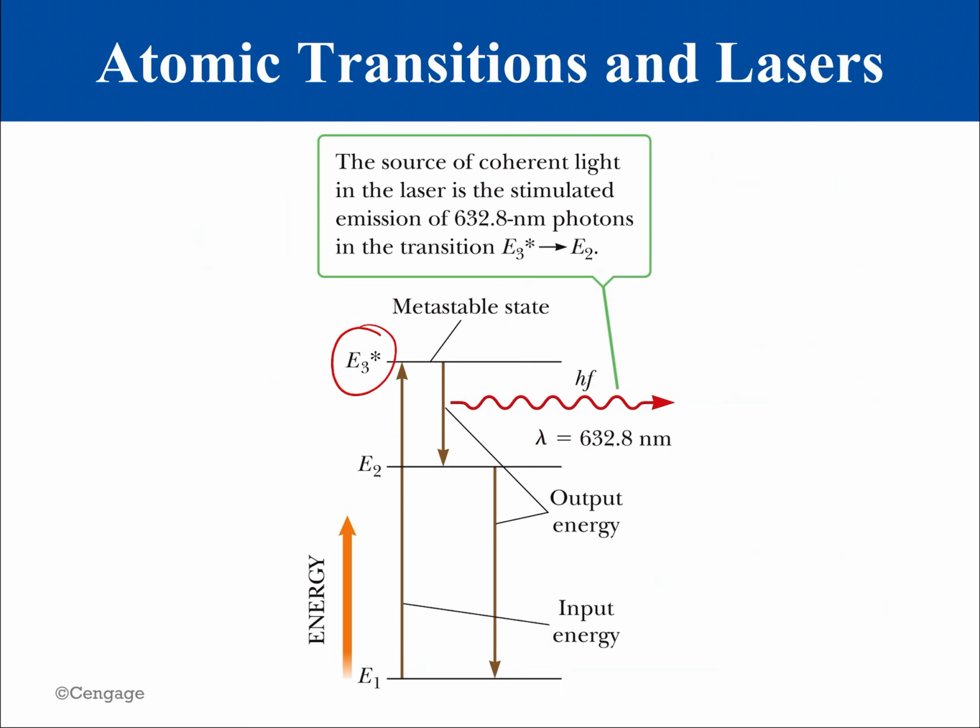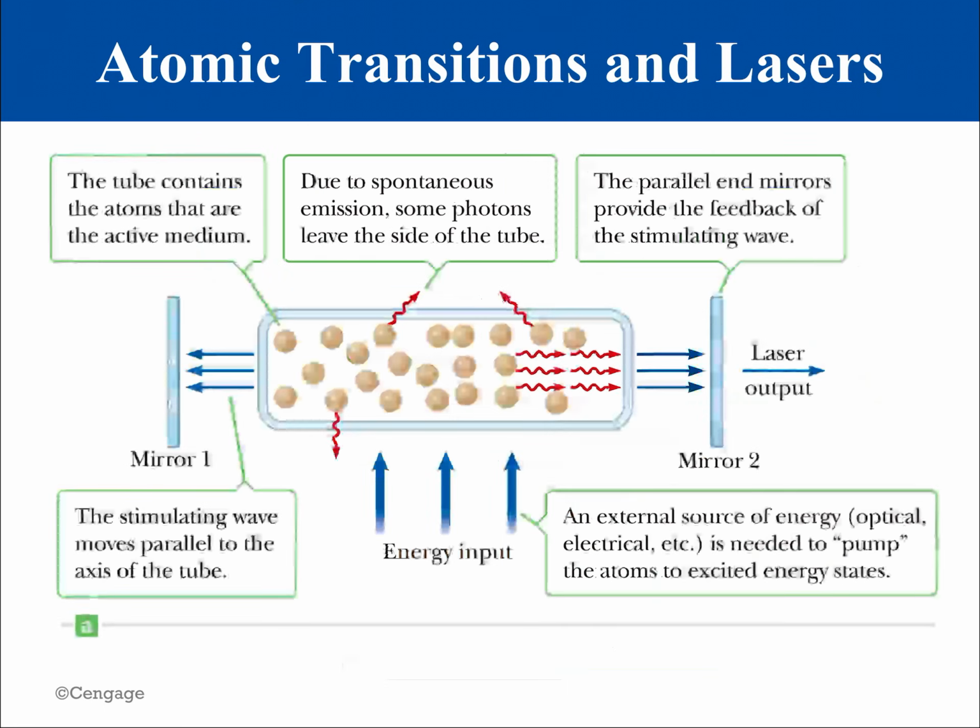The best way to do that, rather than having a single wash of photons pass through your gas once, is to have your light bounce back and forth through your gas. So lasers have mirrors and small apertures that emit the eventual effect of all these atomic processes. All right.